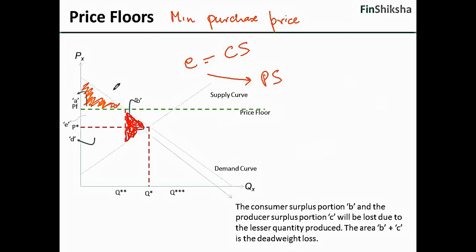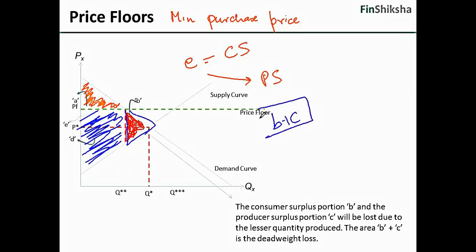The producers benefit from this entire set. Having said that, the total benefit to the society has gone down to the extent of this deadweight loss, which is equal to the area B plus C. Once again, there is deadweight loss because buyers will now be willing to buy less.